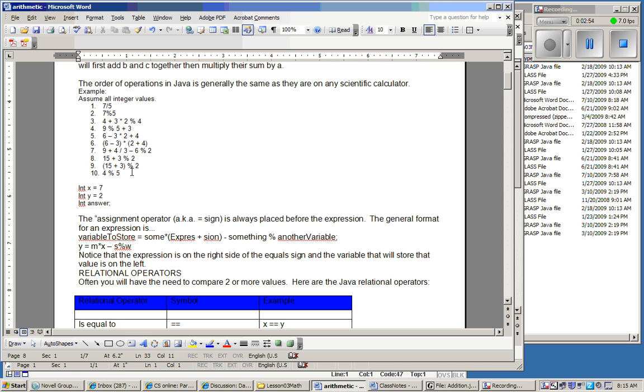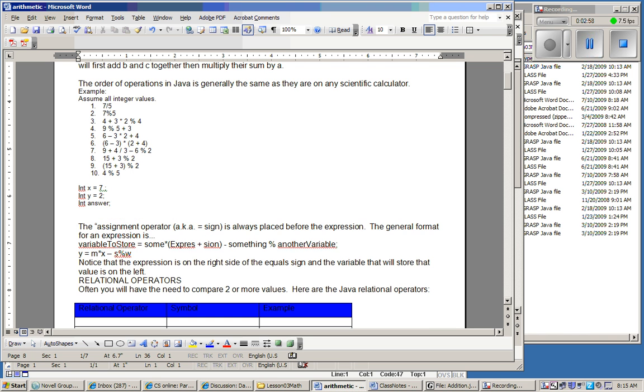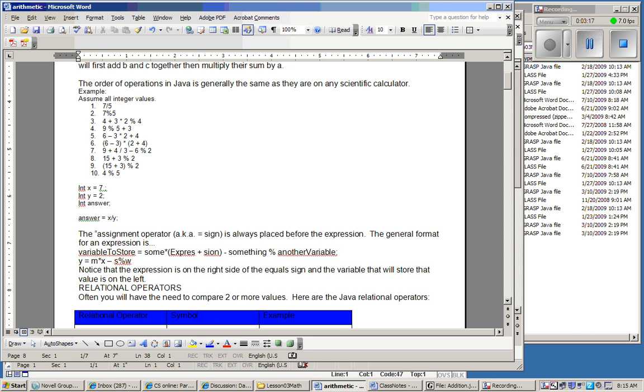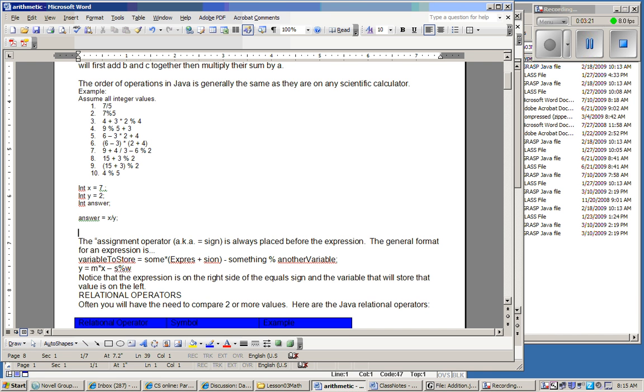If I divide here and I say answer equals x divided by y, my computer will think of that not as 2.5, which it should be, sorry. It'll think of it as 2. It'll just truncate it. So the answer will be the value of 2.